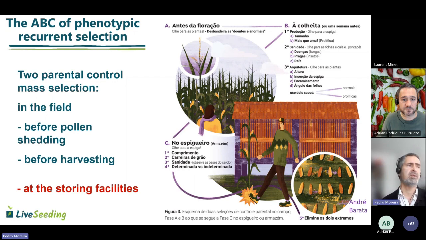You go to the field, take the tassel before pollination, and take the tassel from the plants that you don't like, or they don't respect the archetype that you have in your mind, or other.